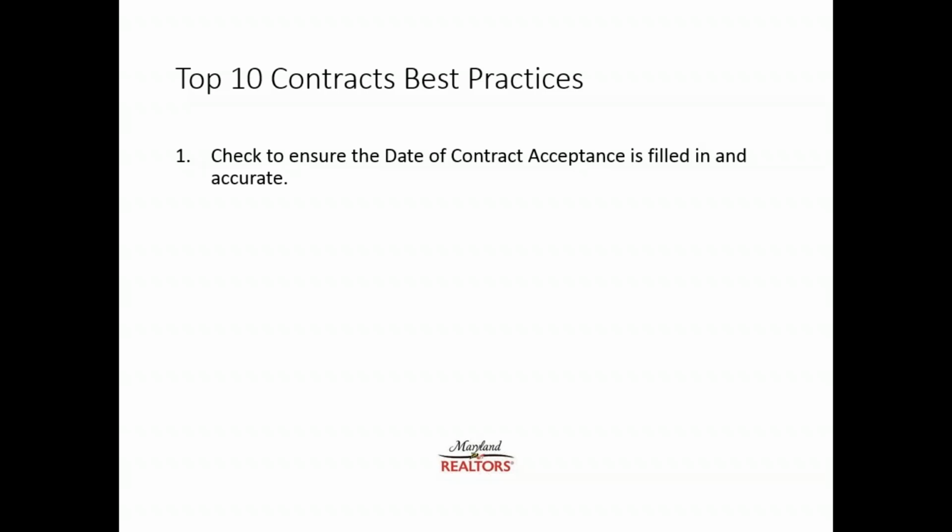All right, so top 10 contracts best practices. Number one, check to ensure that the date of contract acceptance is filled in and accurate. Yeah, and Colette, one of the common questions we get is, what should the parties do if the date of contract acceptance is left blank? So if the date of contract acceptance is left blank, the best practice is to have whichever party was the last party to sign initial it.